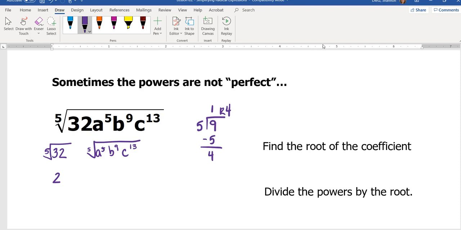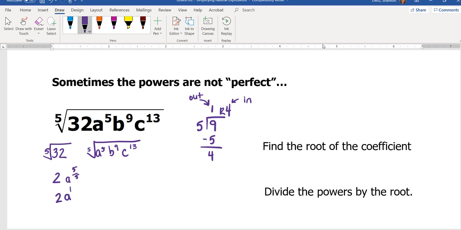So how this is going to work is, this is referring to the exponents that you will have. Now, the 1, that is what comes out. The remainder is what stays in. So what am I talking about here? So first off, let's think about this a to the 5th. 5 divided by 5. We'll have a to the 1st that comes out.